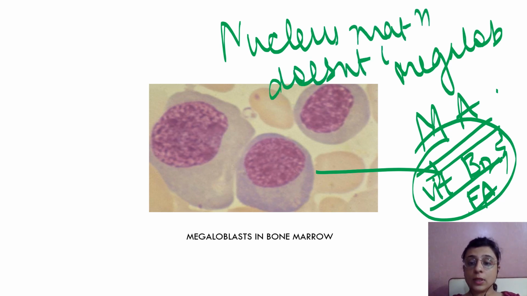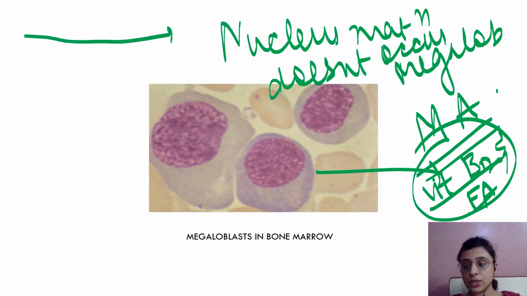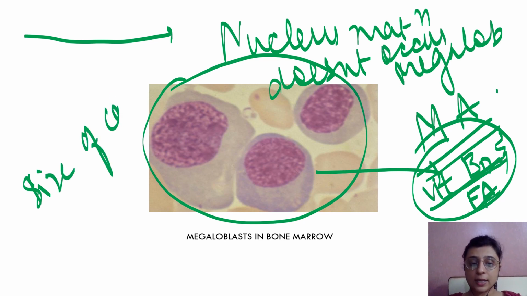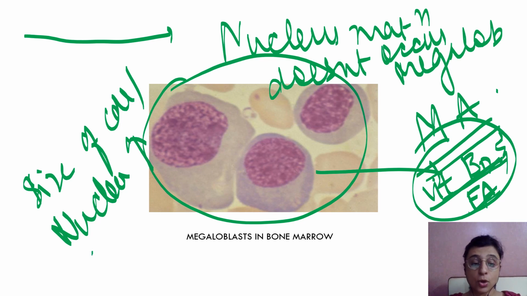I told you along the stages of maturation the size of nucleus was decreasing and condensation of chromatin was occurring, but here they are completely immature because we do not have vitamin B12 and folic acid required for maturation of the nucleus. That means can I say that the nuclear size will be large? So size of cell and size of nucleus is quite large. Yes, they are megaloblasts, and also open chromatin or sieve like chromatin is there.